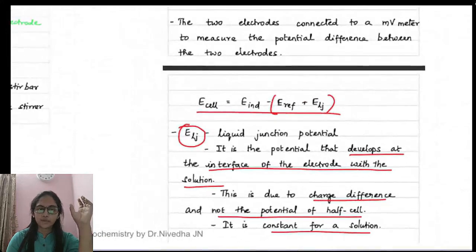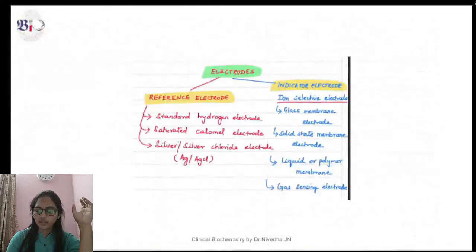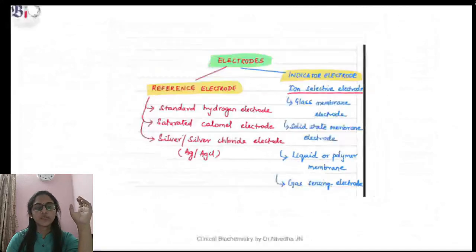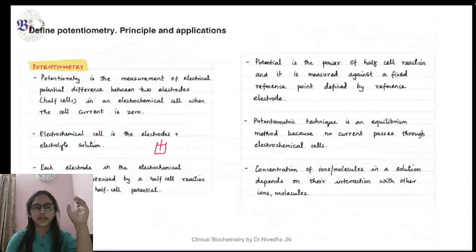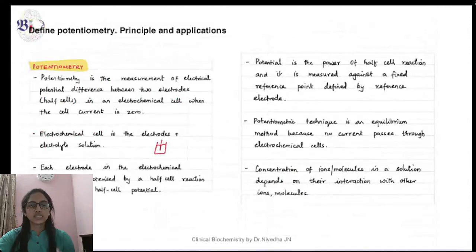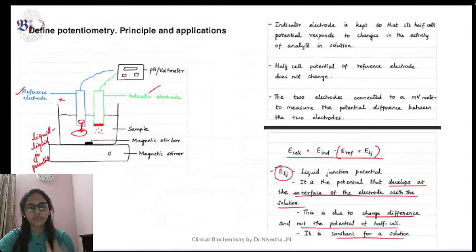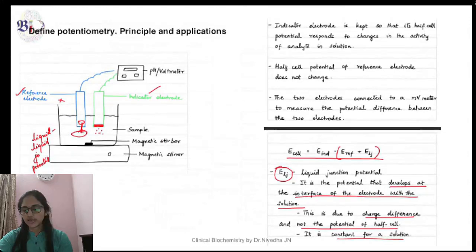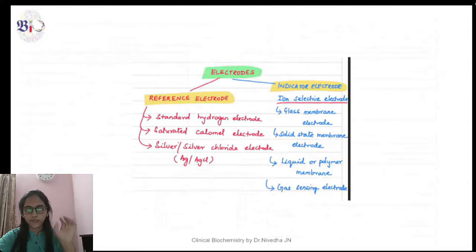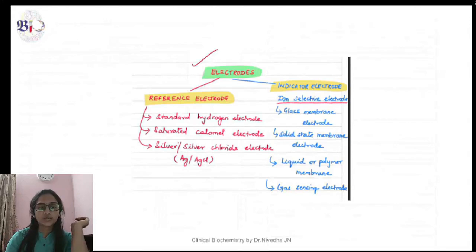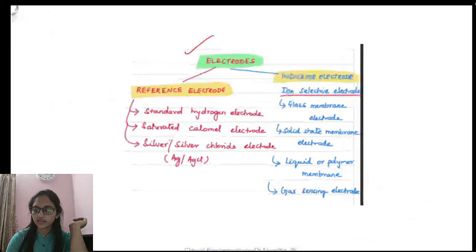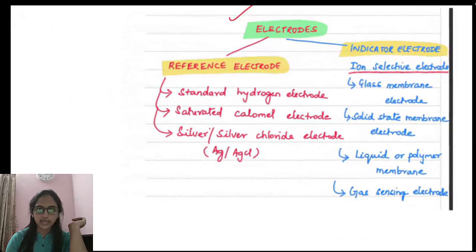So what are the different types of electrodes? Basically the principle of potentiometry is all this. You have to just have your picture in mind, and know what is the potential that you are interested in. Now, what are the different types of electrodes that you are using here? I told you there are two electrodes. One is the reference electrode and the other is the indicator electrode.